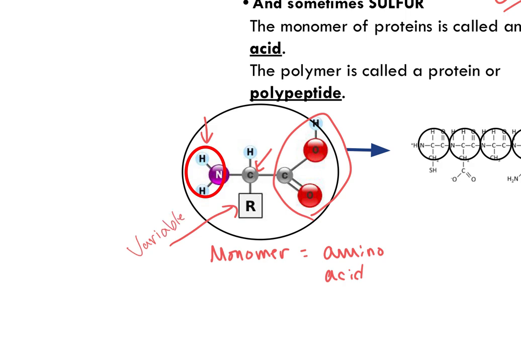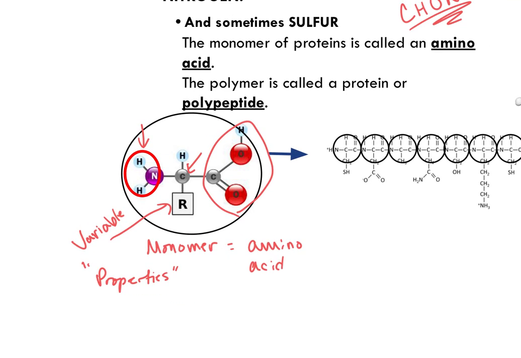Now, this part right here gives the amino acids their properties, and we're going to talk about those properties a little bit later when we get into protein folding during protein formation, protein synthesis, ribosomes, and the such.